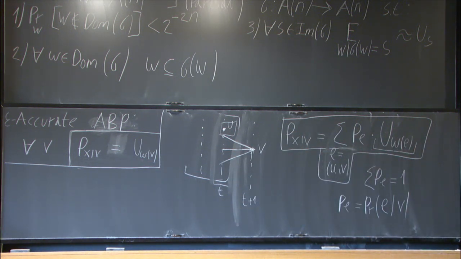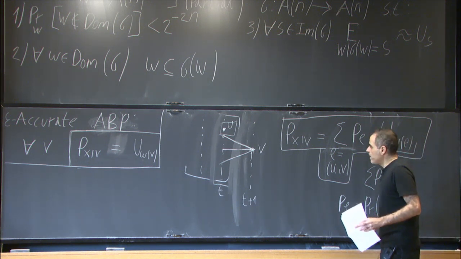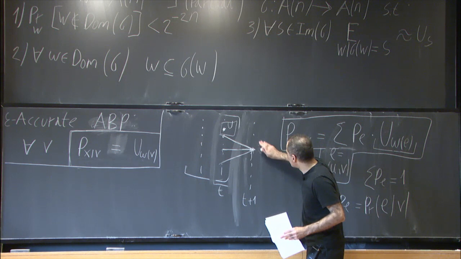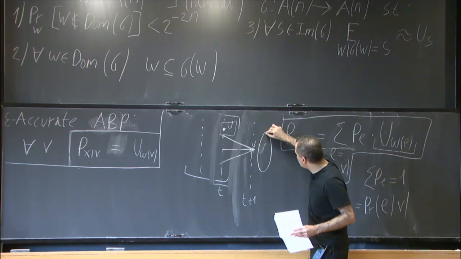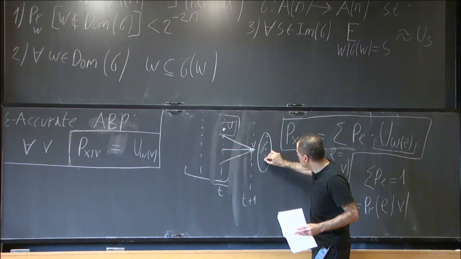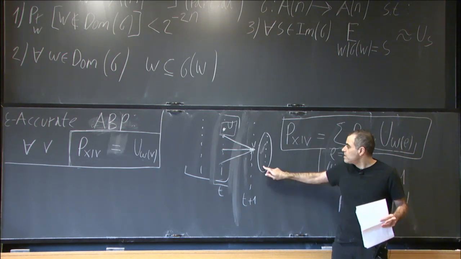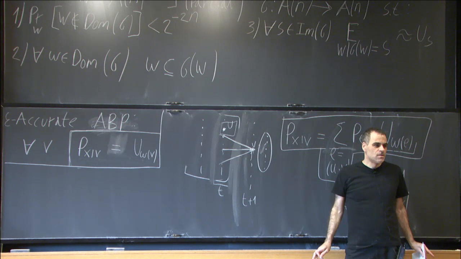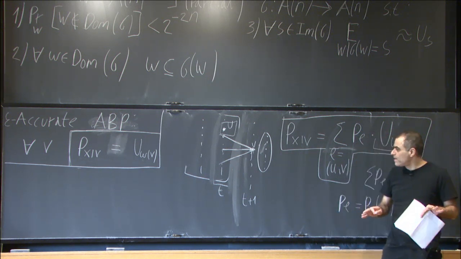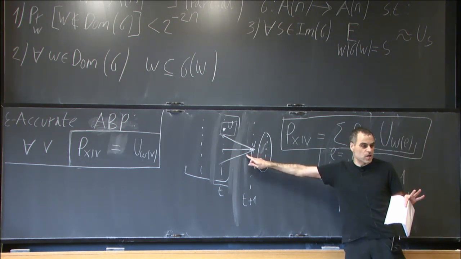So what can you do? You can do ungrouping. What do I mean by ungrouping? You take this vertex V, you change it into many vertices, one vertex for each edge. Or you can do a little bit better, and not one vertex for each edge.